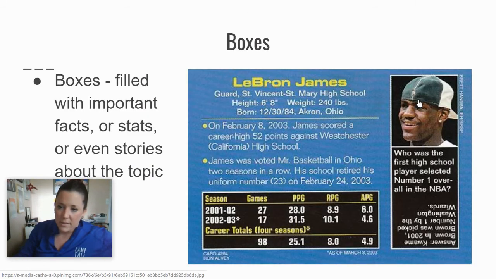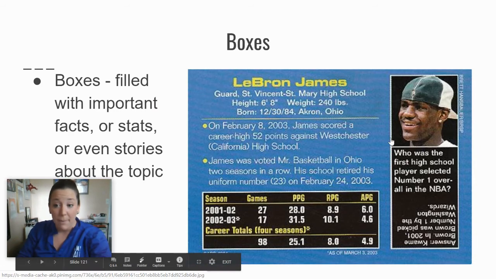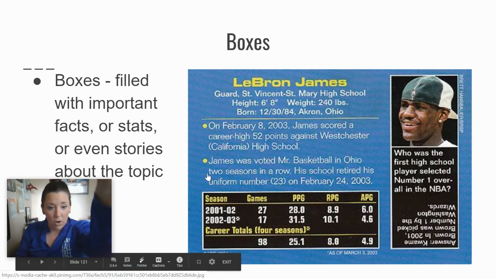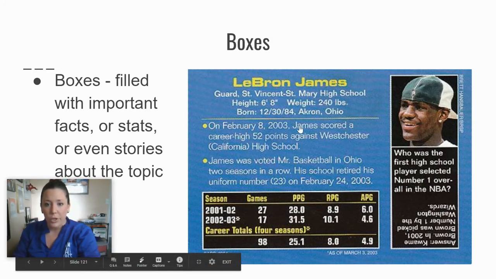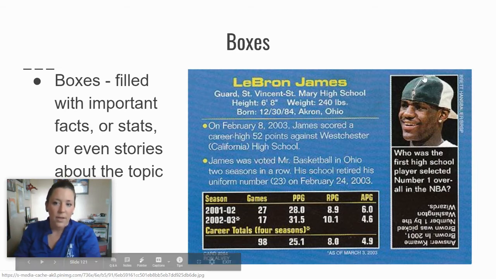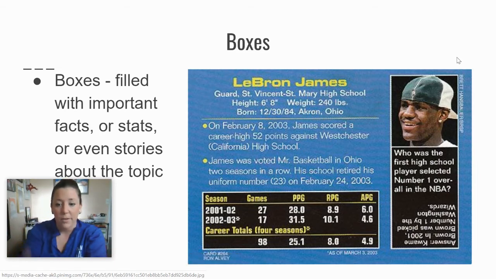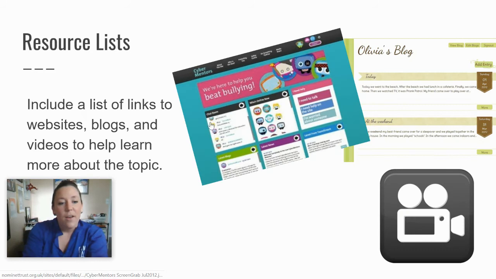One, boxes. Not only do they have an image of LeBron, but they have this kind of formatted box. So you would have all of the text here in your chapter, and then include the information that you want in a box, right? Resource list.